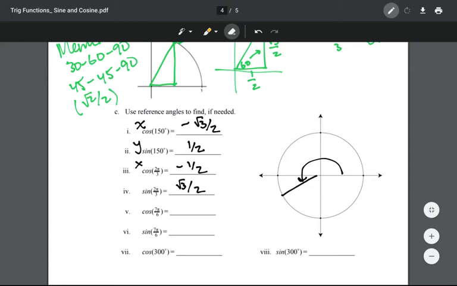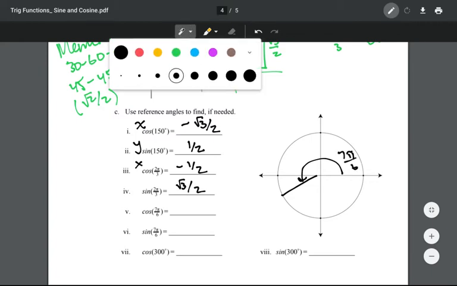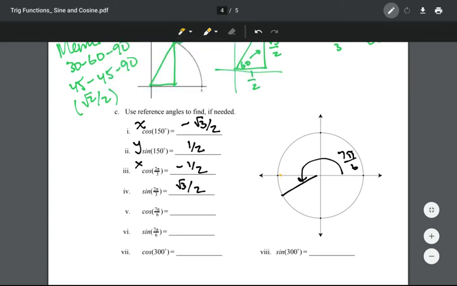Again, I need a reference angle, and that reference angle is going to get me back to the axis. So this is 7 pi sixths. This time, my reference angle works me backwards. My reference angle is pi sixths.